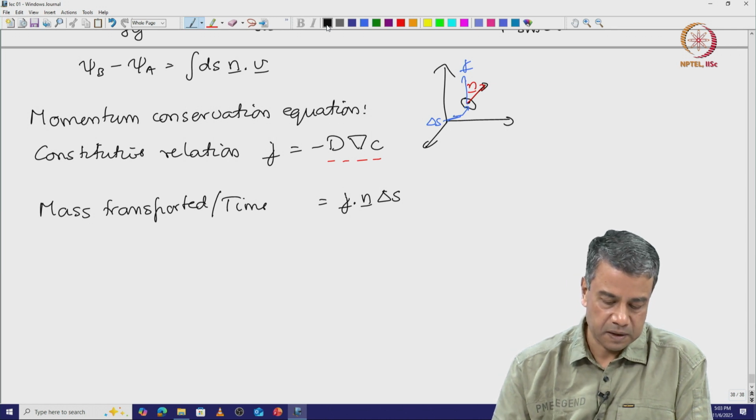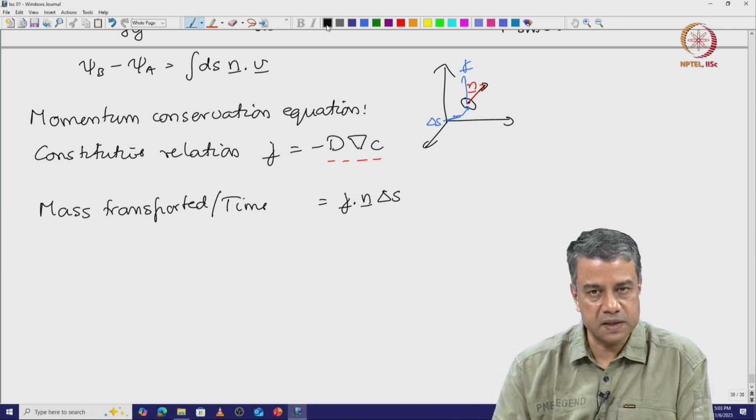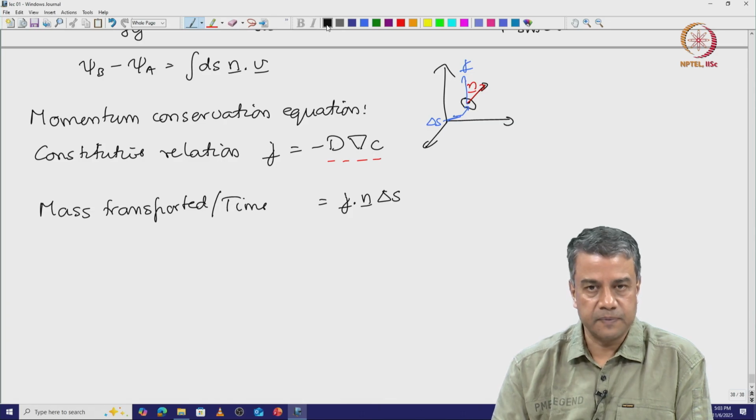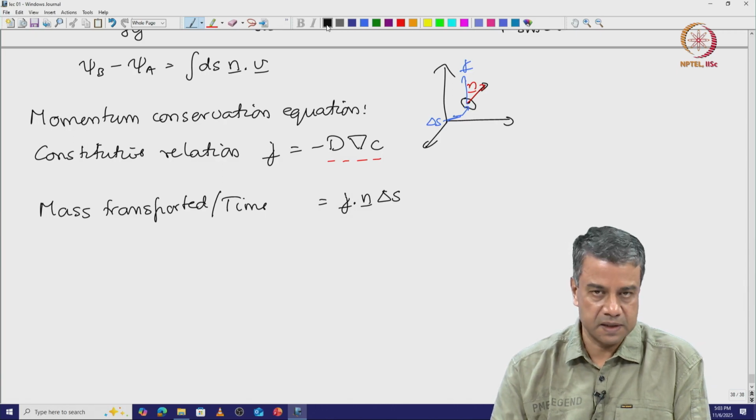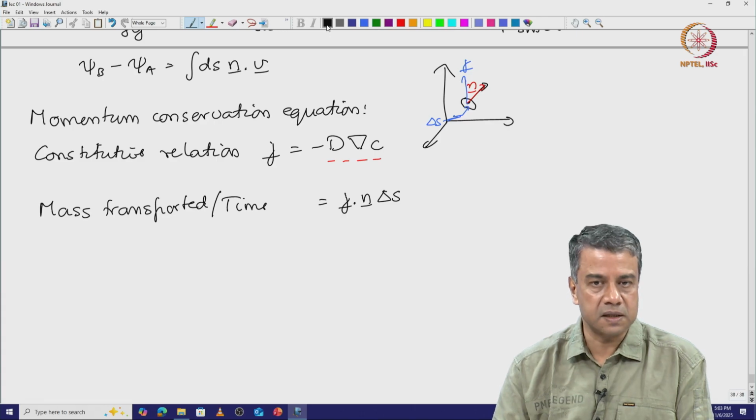By analogy, the flux of mass has only one direction, the direction in which mass is transported, because mass itself is a scalar. Similarly, for energy transport, the flux at a point has only one direction, the direction along which heat is transported.